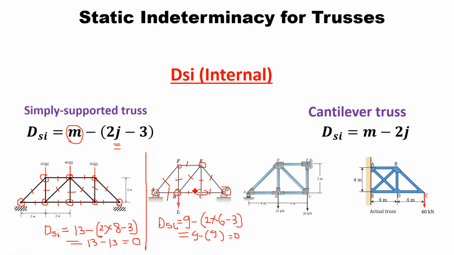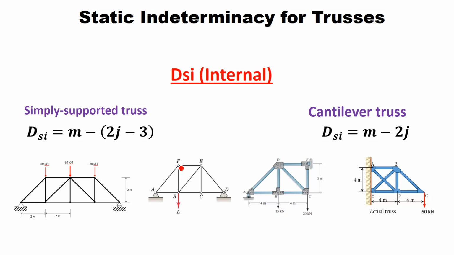But now in the same truss, if you make one change, if you add one member here like this, if you change the geometry, if you add one diagonal member here, the total number of members in this truss is 10, minus the joints, which are the same, that is 6 minus 3.